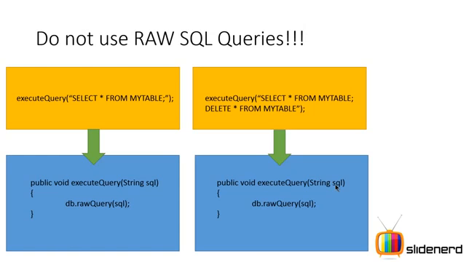Hence we'll be using standard methods like insert, delete, update, and there's another one probably which I don't remember right now, but these methods let you work with the database without putting raw queries inside, providing you some kind of protection against undesirable modifications.